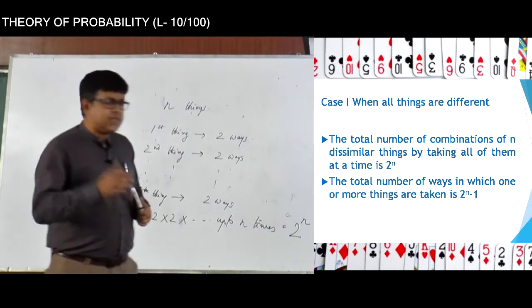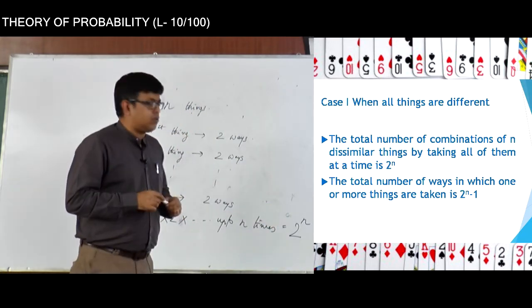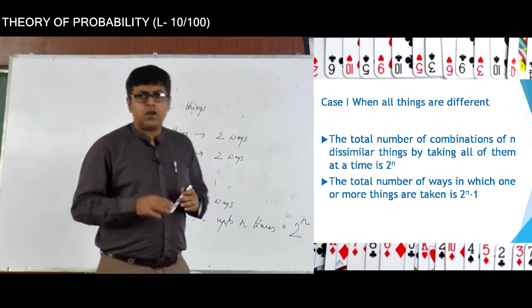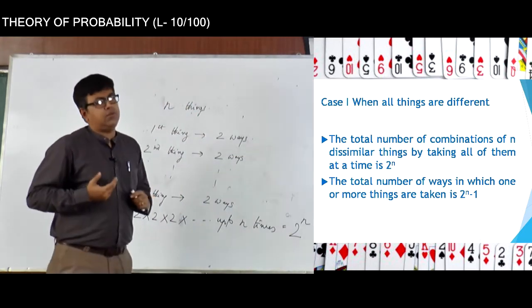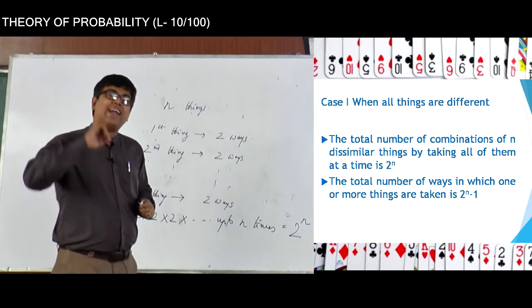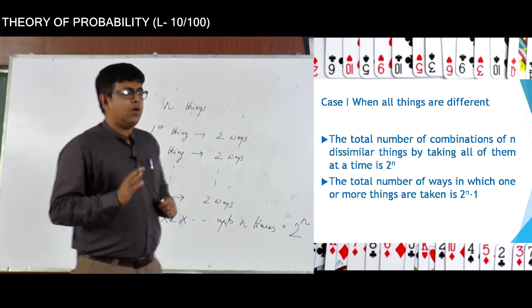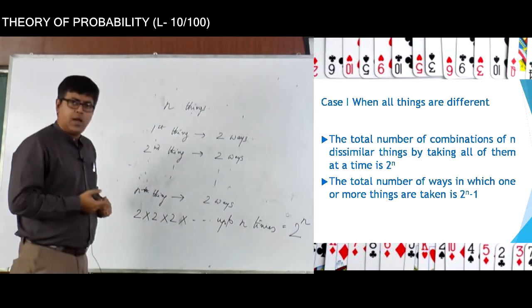Now let's say I want to find out the total number of ways in which one or more things are taken, or rather the total number of combinations where at least one of the things is taken. Now what is the total number of ways I can get it?